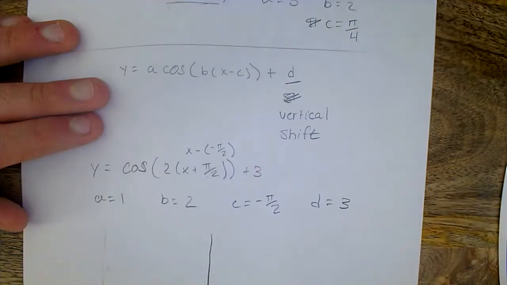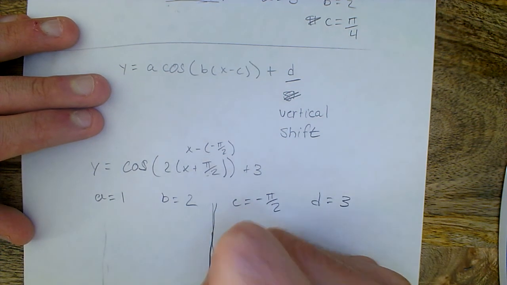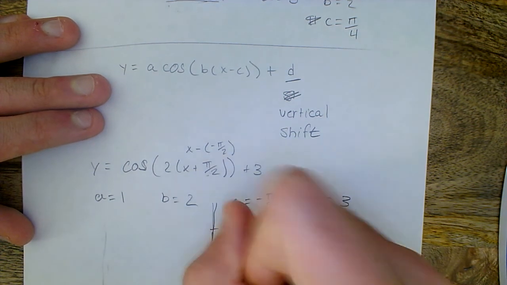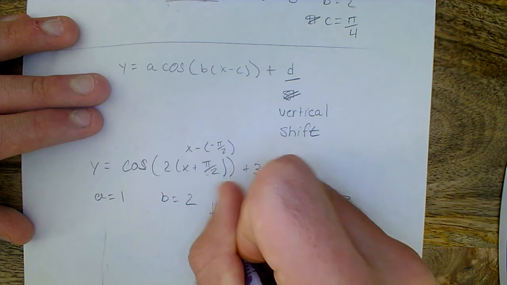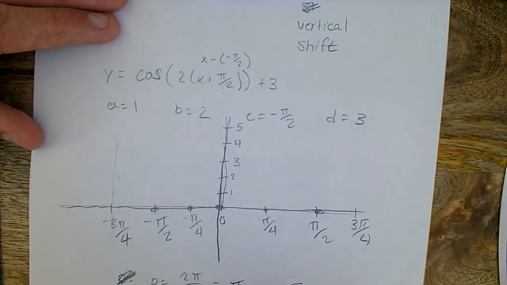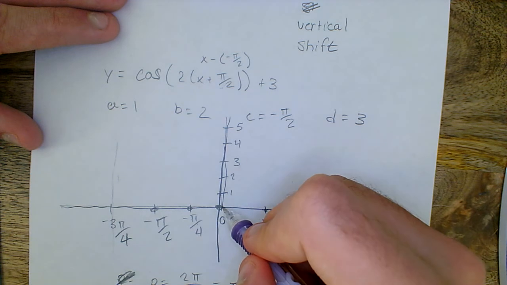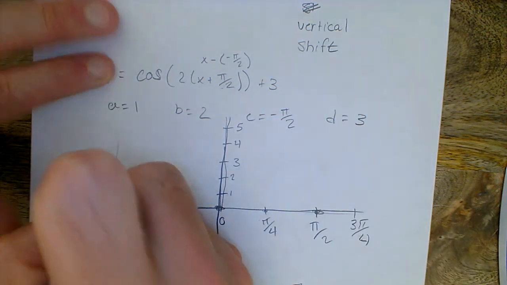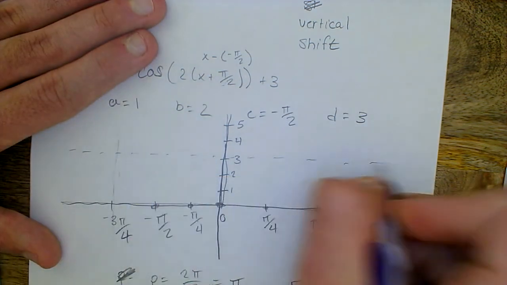The last thing you want to realize is now I need to add 3 to everything. So 1, 2, 3, 4, 5. This is a cosine graph, so we know the shape. But since we're adding 3 to everything, the way you can do this is to draw an imaginary axis here.